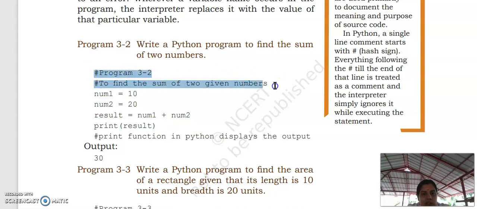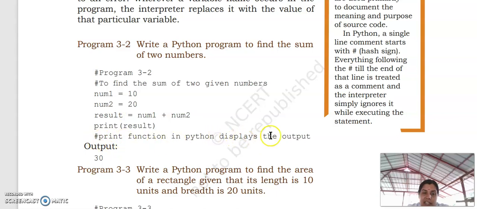It is for the user to identify. So comments are used for the understandability of the program. So for this, hash is used before. Hash print function in Python displays the output, means this print function is used to display the output. So this hash line will not be executed by the interpreter. That is specified in this statement, single line comment, and the interpreter simply ignores it.